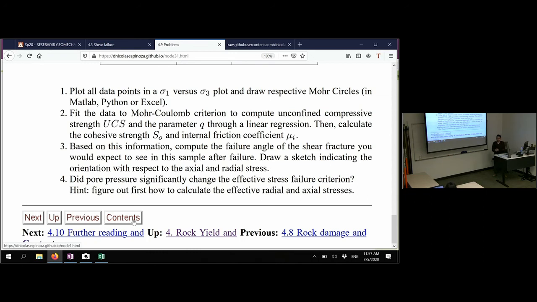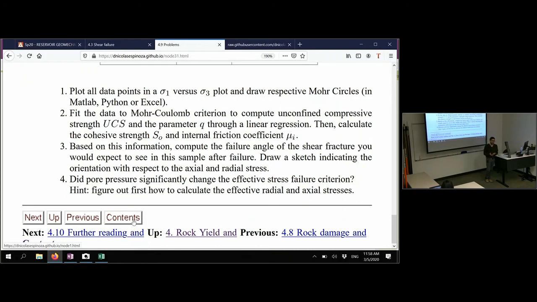I have asked you to do these exercises about calculating Young modulus, calculating these strength parameters. This is what you're going to basically do now. Again, please, do that on your own, even if you share some data with your laboratory mates. That's fine.